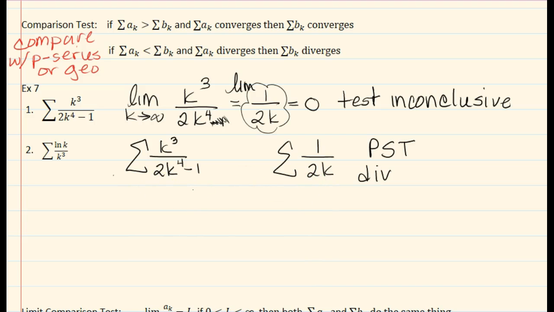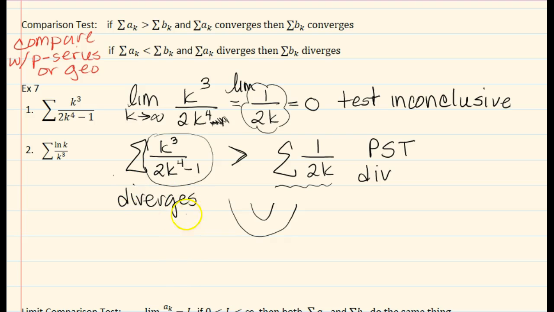We find that our original series is actually going to be bigger than what we're comparing it to. So if the smaller one diverges and you find a bigger series, then it also must diverge, which means we can conclude that our original series diverges by the comparison test.